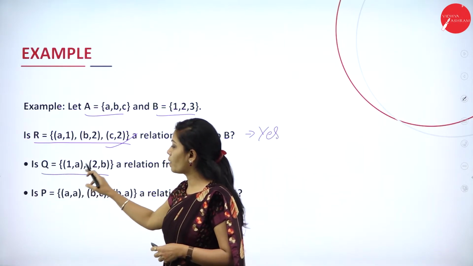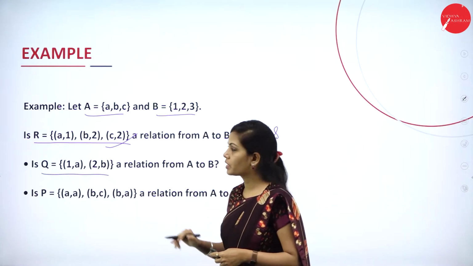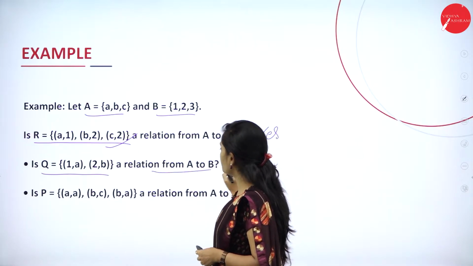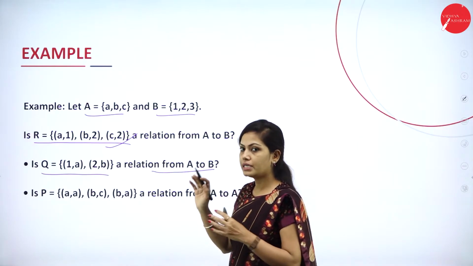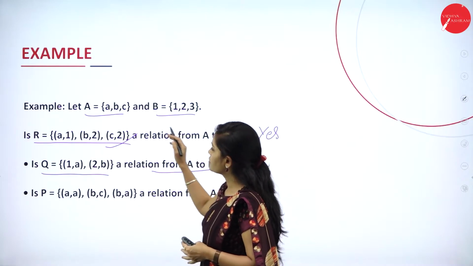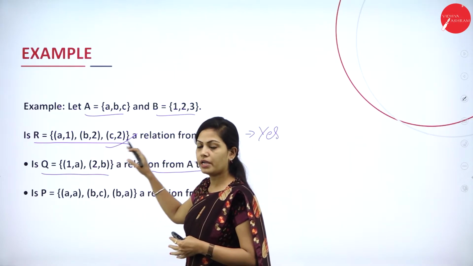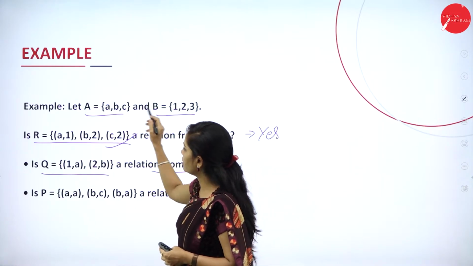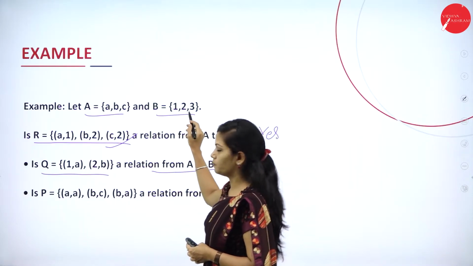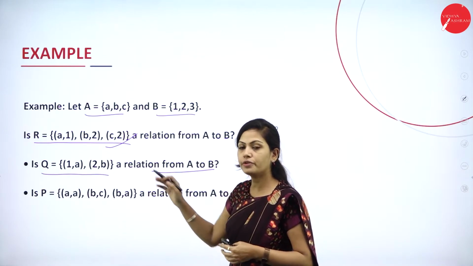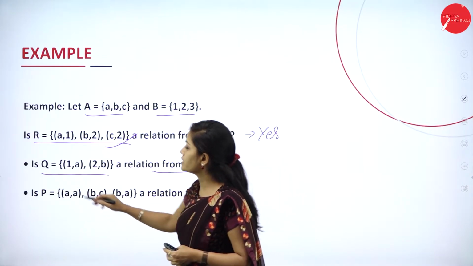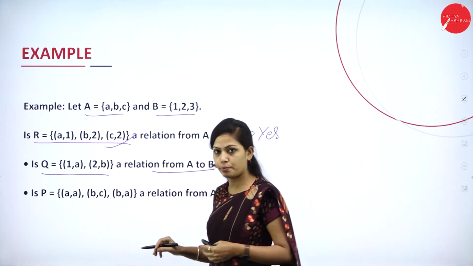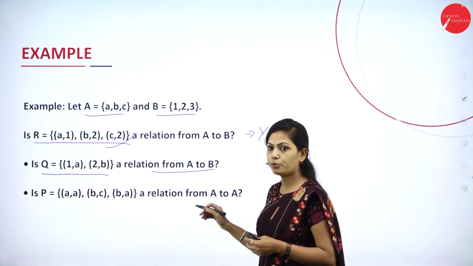Q is equal to {1a, 2b}. Is it a relation from A to B? Understand the concept properly. In the first step, we got a relation of A and B, that is a1, b2, c2. It is a relation of A and B. So the next question is Q is equal to {1a, 2b}. Is this a relation from A to B?